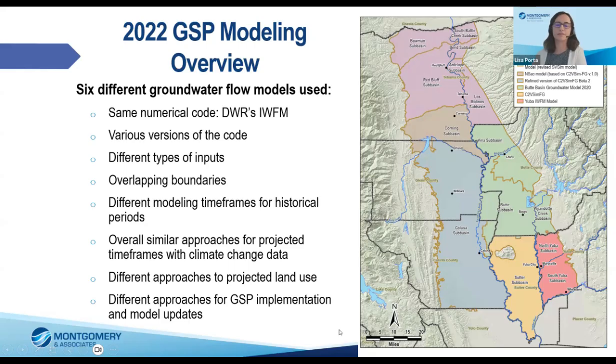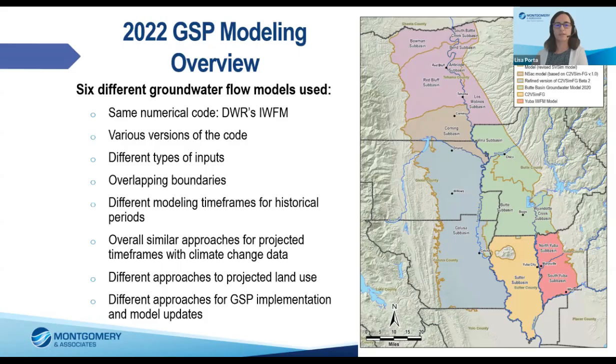But in essence, the good news is they all were based on the same numerical code, DWR's Integrated Water Flow Model. But there are some differences on inputs, on assumptions, they overlap boundaries. And so there are some things that we were able to identify that were similar, but also the differences in approaches for the GSP development.